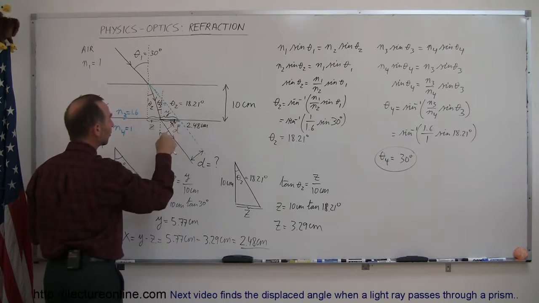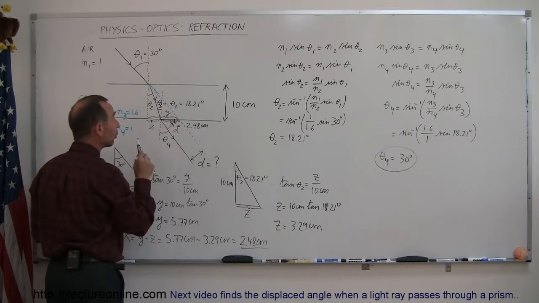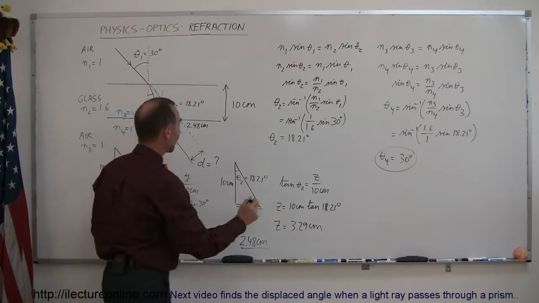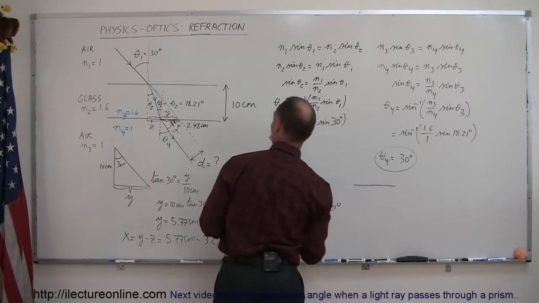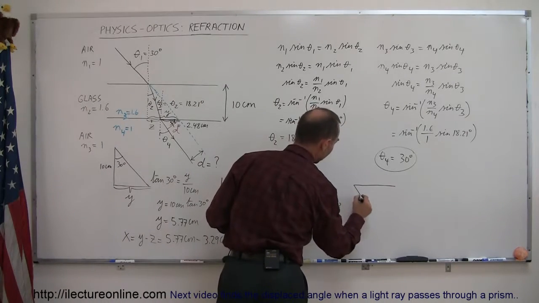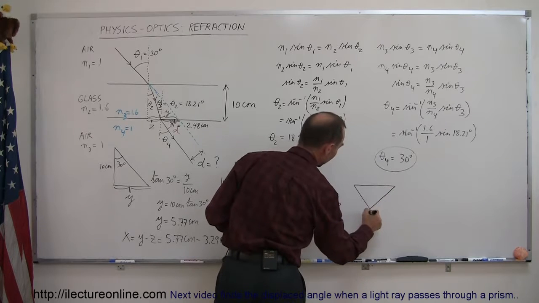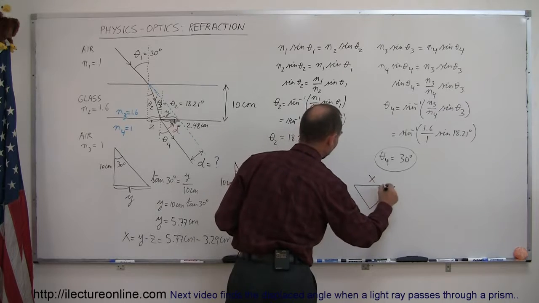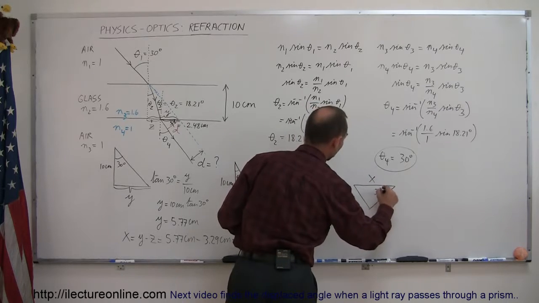Well, this angle has to be equal to this angle, which is equal to 30 degrees. So let me draw this little triangle here on the side. Notice that this line was d, this line was x, and this angle here is 30 degrees.